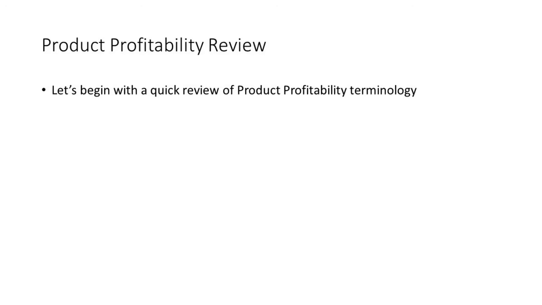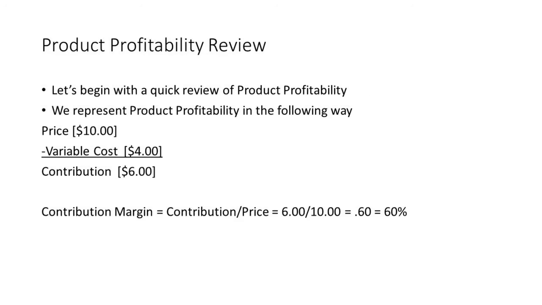Let's begin our discussion with a quick review of the product profitability terminology that we developed in the previous video. There we represented product profitability in the following way. We first considered the price for a product or a service, in this case $10, and from this we subtracted the variable cost of producing the product or providing the service.